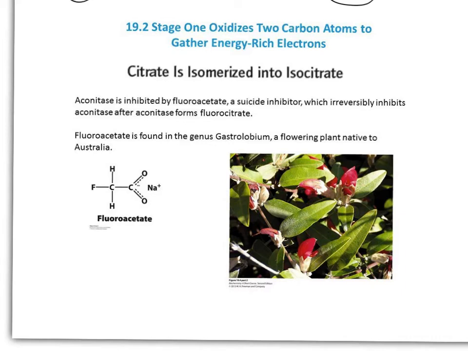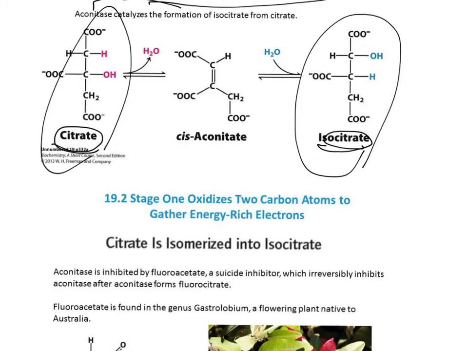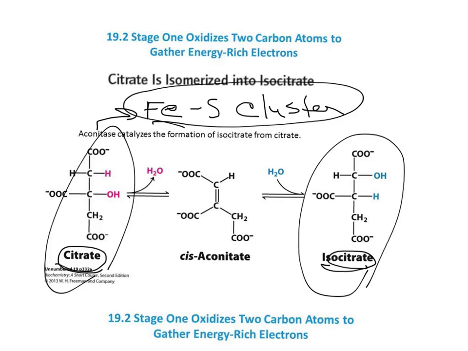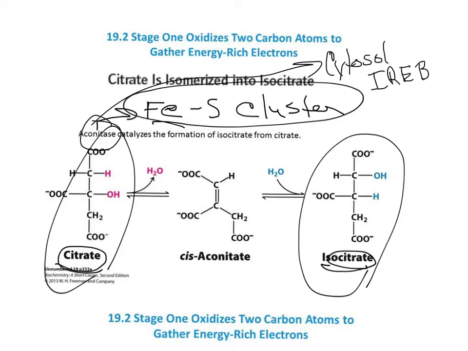So anyway, back to the other job of aconitase in the cell. Because of this iron sulfur cluster, when aconitase is found in the cytosol, it's the same exact protein. People purified a protein in the cytosol that they named iron regulatory element binding protein.